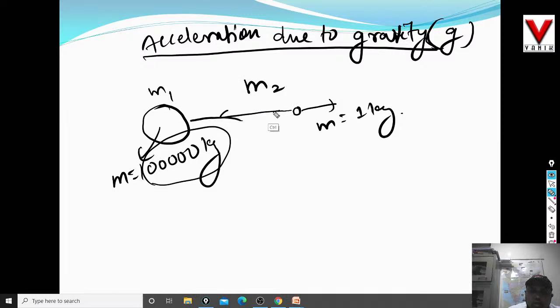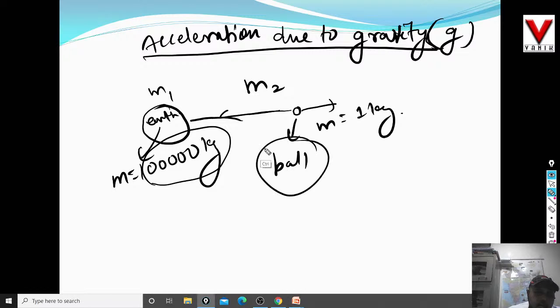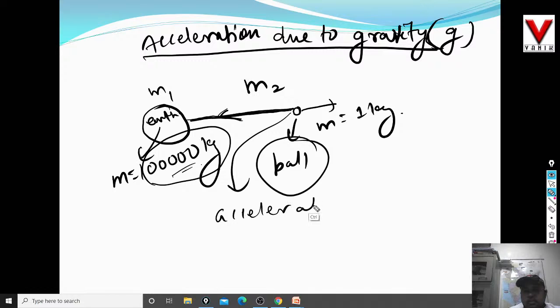Say this is my earth, and this is a ball. I have taken hypothetical values, these are not real values. When you throw a ball from the surface of the earth, what happens? It comes back again. So when it comes back to the surface of the earth, it has some acceleration. Why is that acceleration occurring?